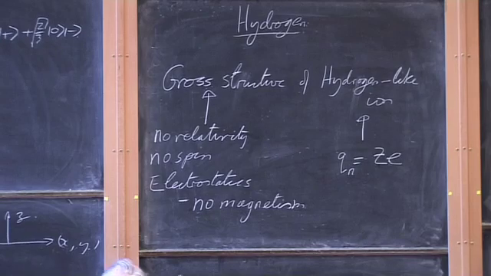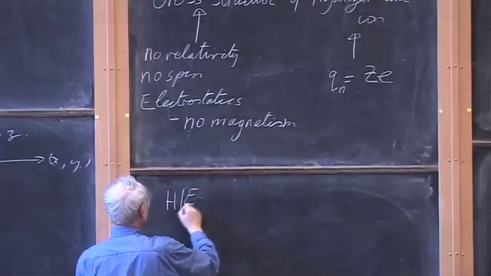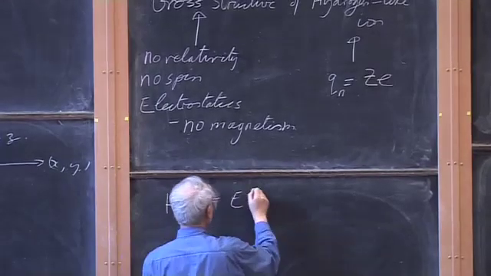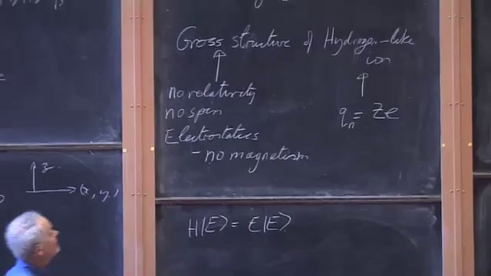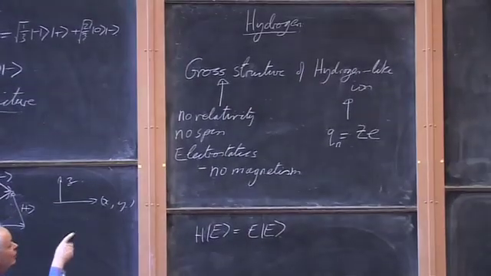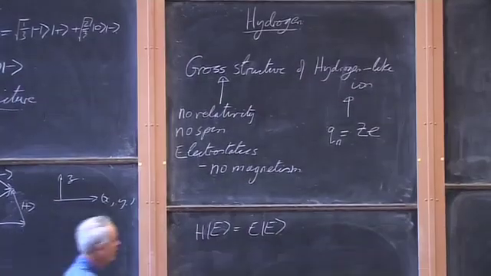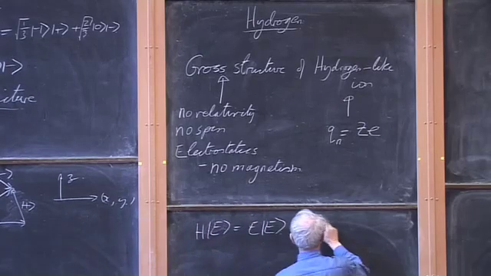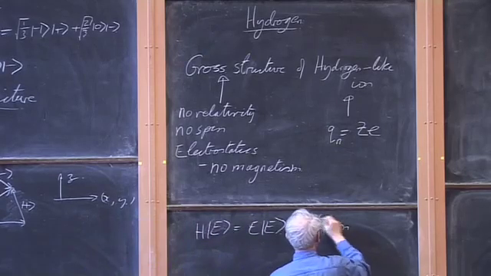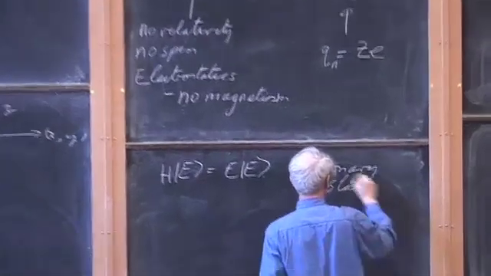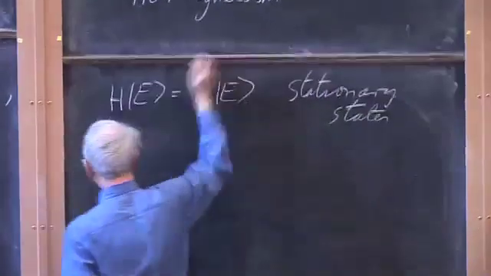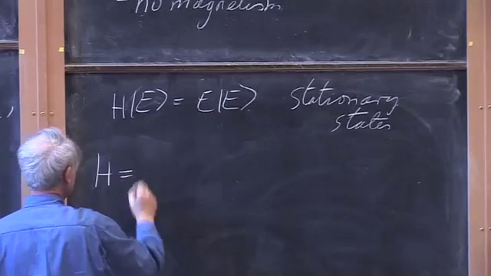So now what we're obviously trying to do is find the stationary states of a system which consists of one electron and one nucleus with that charge. We want the stationary states because they provide the key to the dynamics. Usual situation. So what's the Hamiltonian under these approximations?